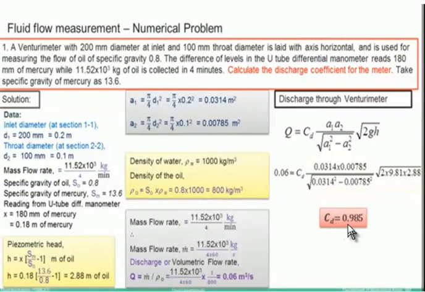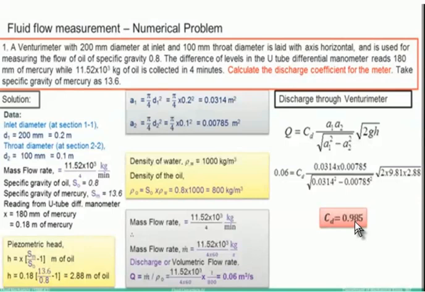If the value lies between 0.9 and 0.99, then your answer is somewhat correct, because the coefficient of discharge of a venturimeter always lies between 0.9 and 0.99. Here we got 0.985, that is correct.